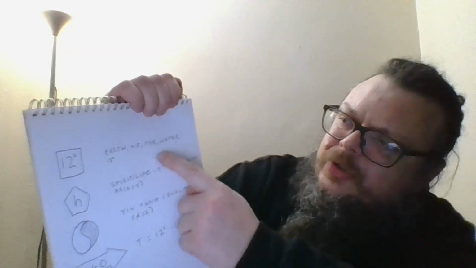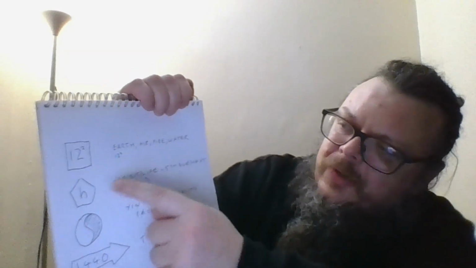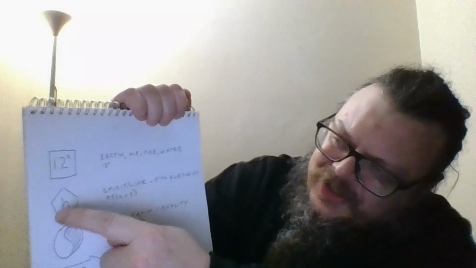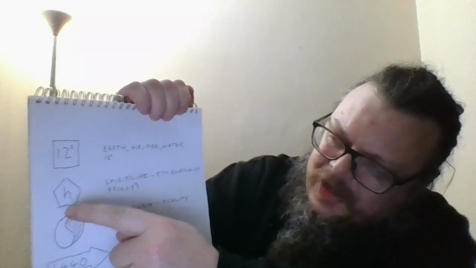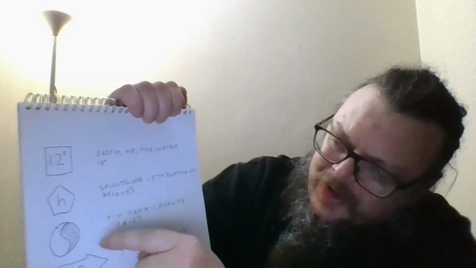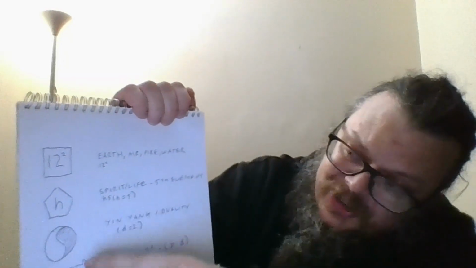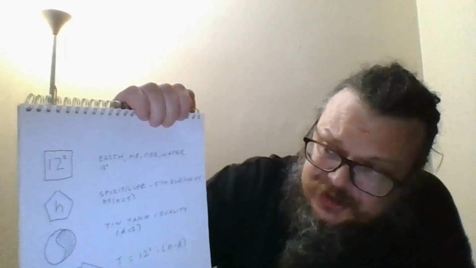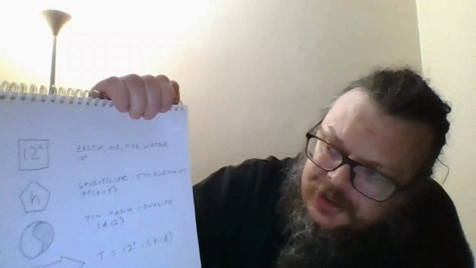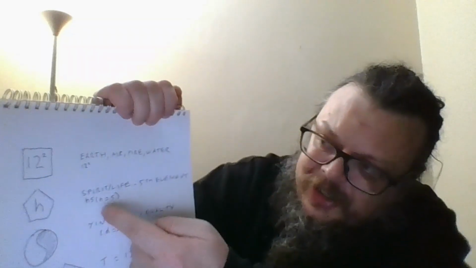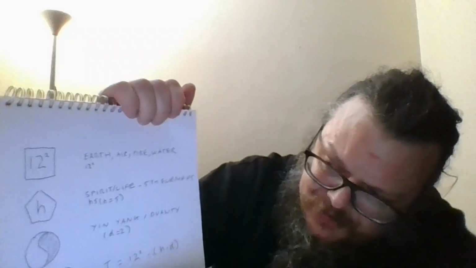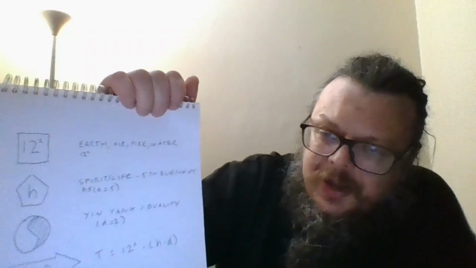It's 12 squared in the square, and then putting the H in a pentagon, and then with the yin and the yang. That's the way I was visualising it straight away, just for myself. With the D2, and then that's the H5, obviously with the 5 points, and then the 140 with the arrow.